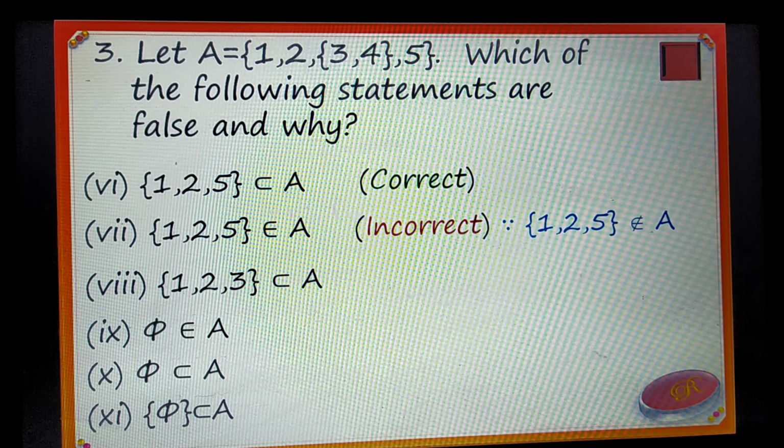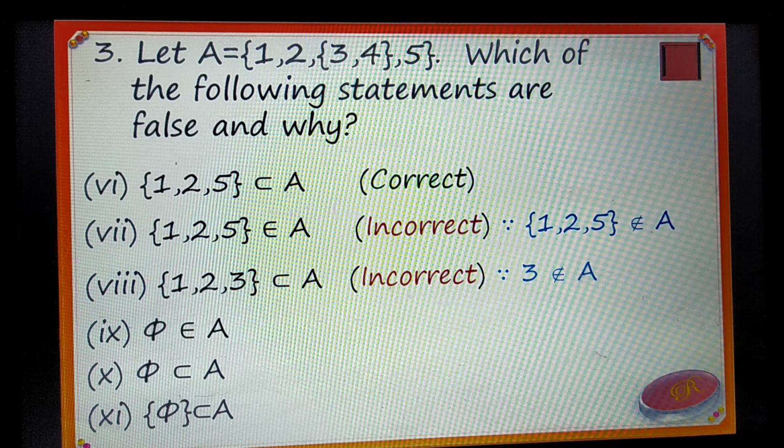Because set with... subset of A. Solution. Incorrect, because 3 does not belong to A.